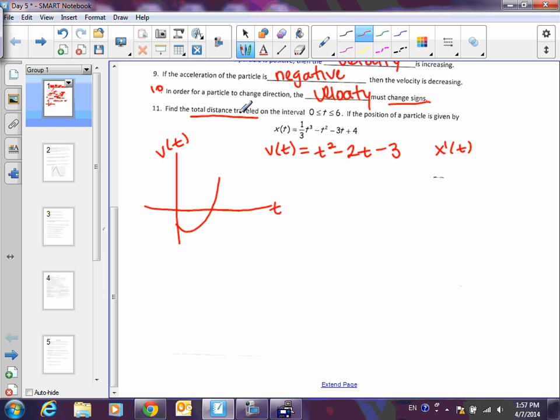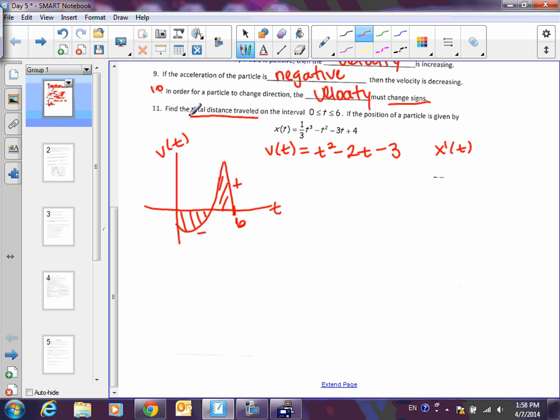So the total distance traveled has to do with integrating v, adding up all of this area. Now, this area down here is negative, and this area up here is positive. If I were just to integrate from 0 to 6, my calculator or my brain would just say this is negative, this is positive, and I would be subtracting those two values, right?